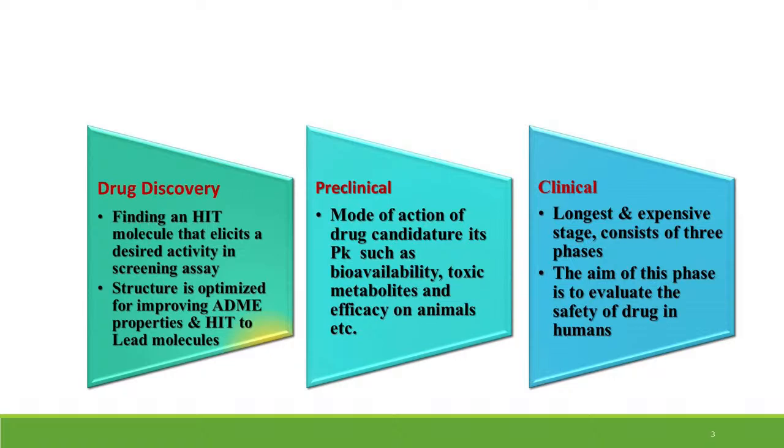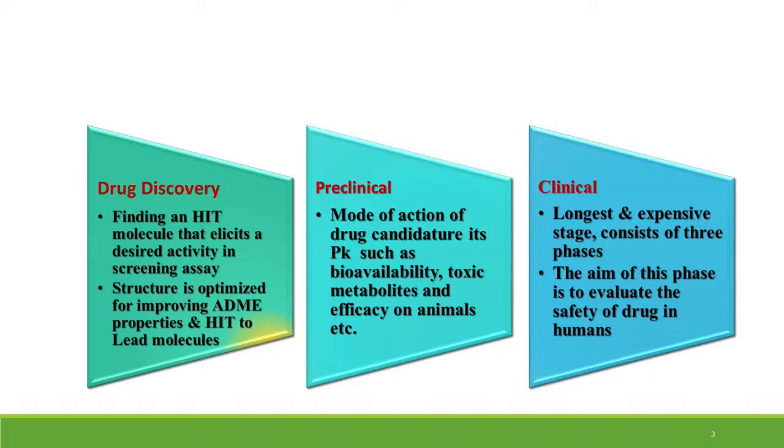The next stage is the clinical stage or clinical trials, which is the longest and also a very expensive process. The clinical trials are in 3 phases in general. The fourth phase is the post-surveillance phase. In the first clinical phase, only 100 healthy volunteers are involved, and the drug is tested on them.